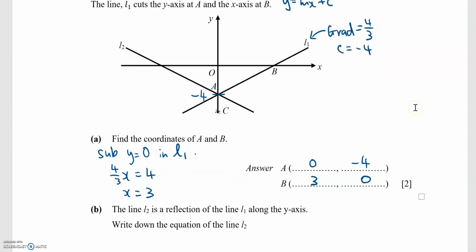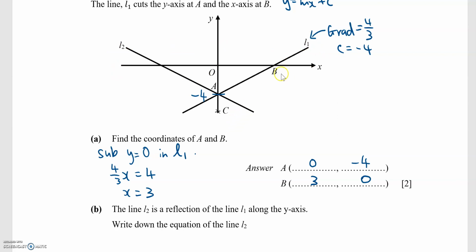For part B, they tell us that the line L2 is a reflection of the line L1 along the y-axis. So L2 is seen here. They want us to write down the equation of the line L2. To help us answer this question, we need to know the similarities and the differences between lines L1 and L2.